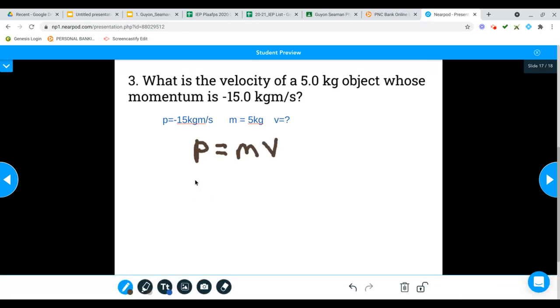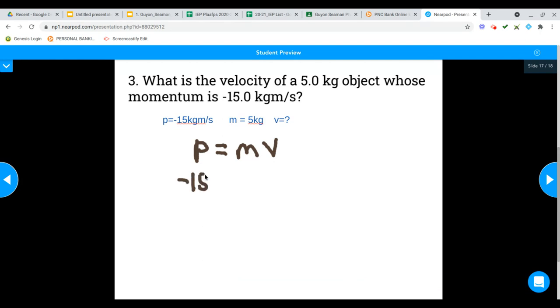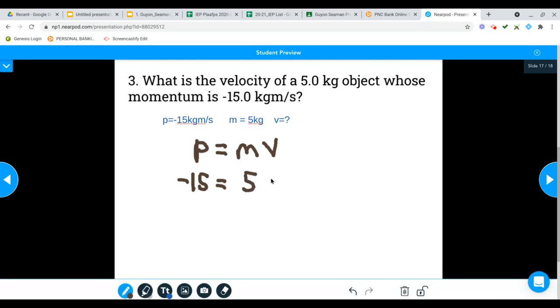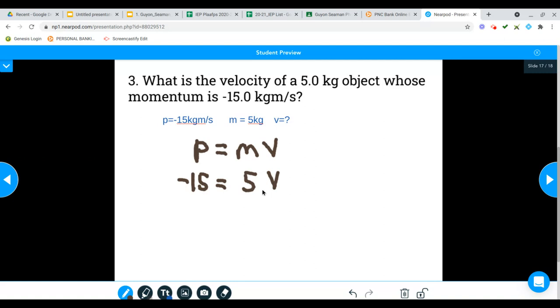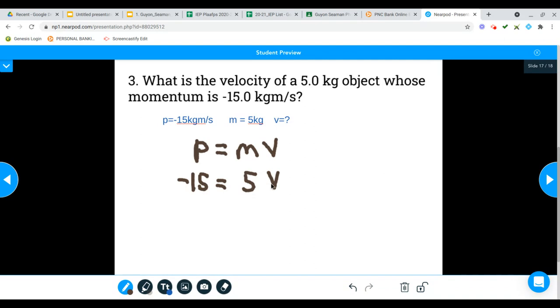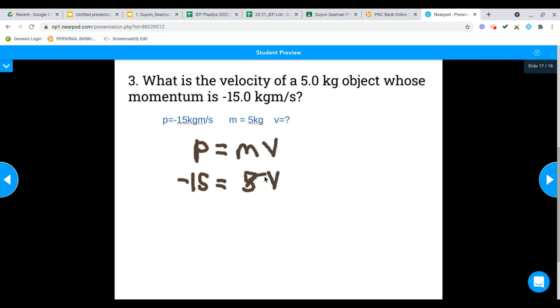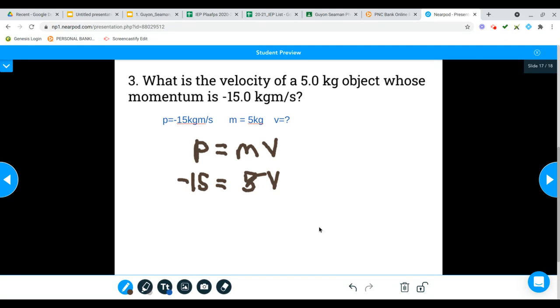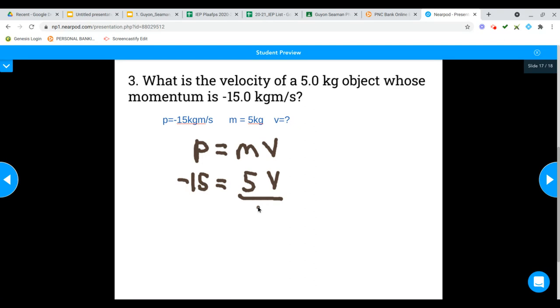My P, though, this time has a number, so it's negative 15 equals my mass, which is 5, times V. So now to get V by itself, right now it's 5 times V. So to be able to get rid of my 5, I have to divide both sides by 5.